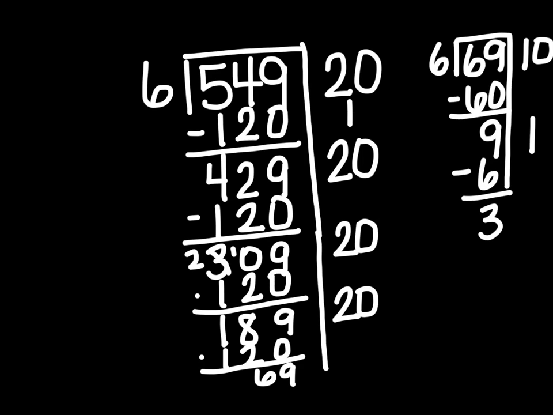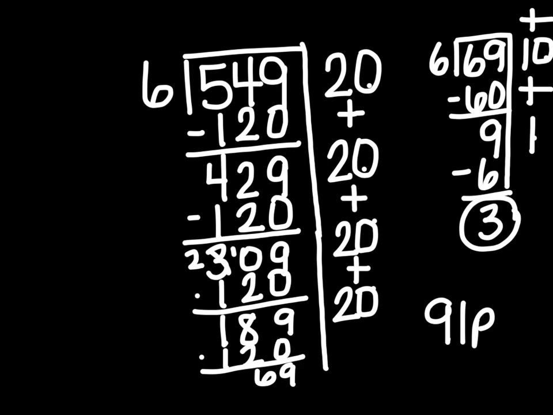So I'm going to take my 20 plus 20 plus 20 plus 20 plus 10 plus 1. 20 plus 20 is 40, plus another 20 is 60, plus another 20 is 80, plus 10 is 90, plus 1 is 91. So I have 91, and I have a remainder left of 3.